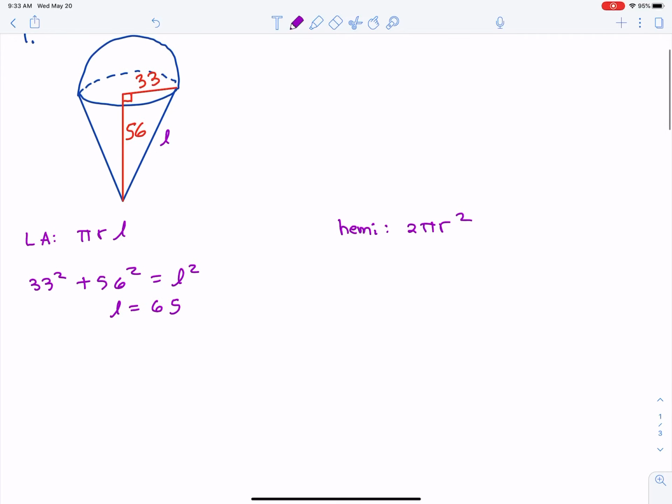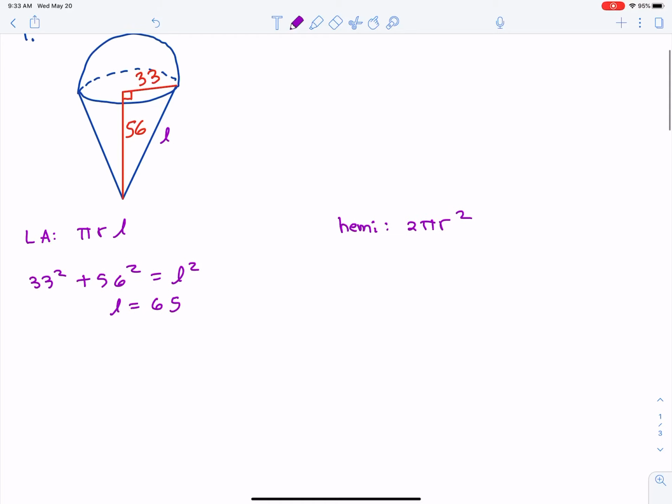Okay, so finding the lateral surface area of my figure, I get pi times the radius, which is 33, times the slant height, which is 65. So that cleans up into 33 times 65, which is 2145 pi.